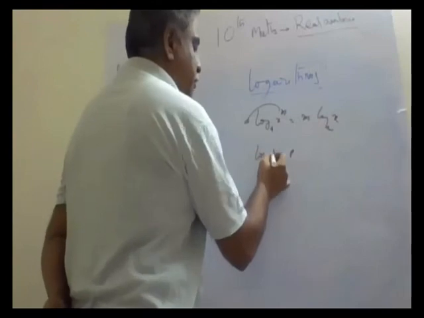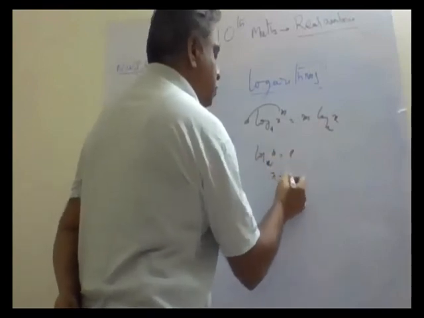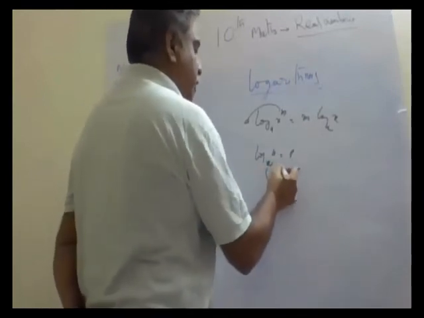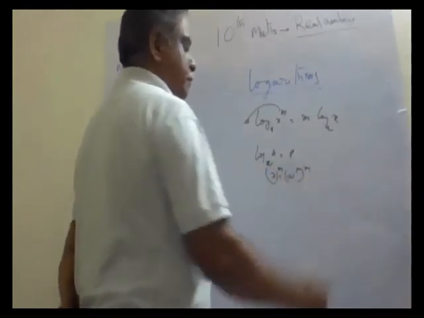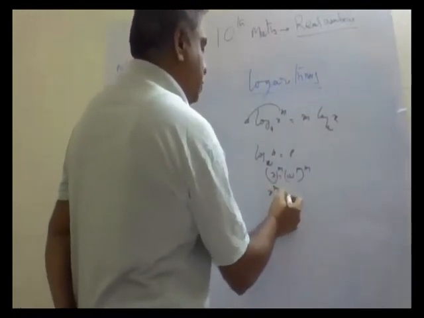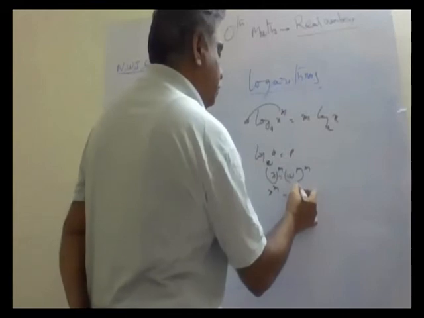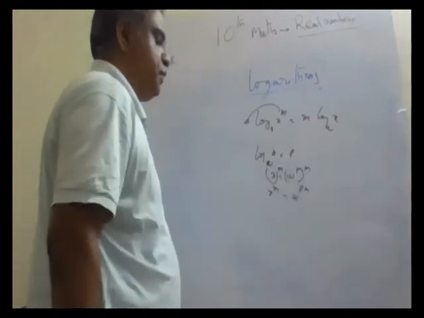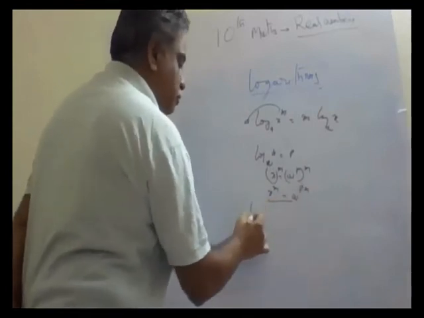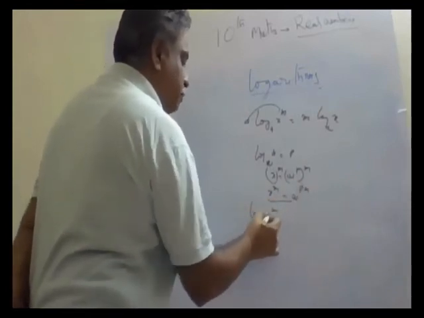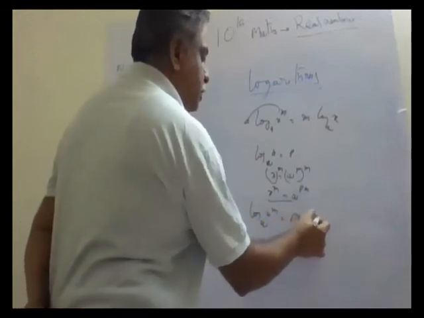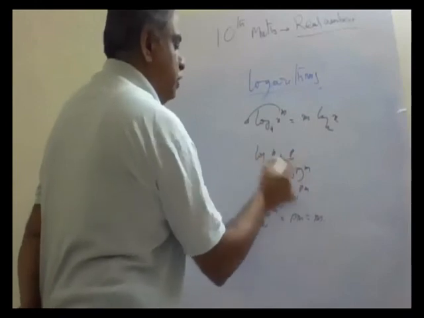So when I expand this, x is equal to a to the power of p. I am raising both sides to the power of m. So x to the power of m is equal to a to the power of pm. Now I am taking logarithms. This is main, this is base, this is power. So log of x to the power of m to base a is equal to pm. That means m into what is p? Log x to base a.